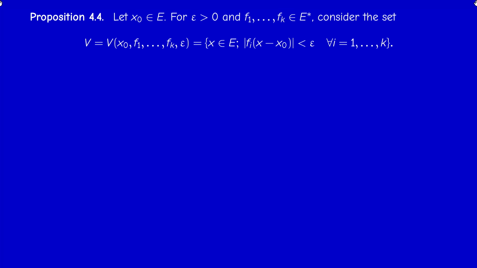It's the set of x such that the absolute value of fi of x minus x0 is less than epsilon. Note that fi of x is a real number, which is why I took the absolute value. I can write this in several ways: fi of x minus x0 is between minus epsilon and epsilon, or, if you like, fi of x is between fi of x0 minus epsilon and fi of x0 plus epsilon. It's actually a double inequality.